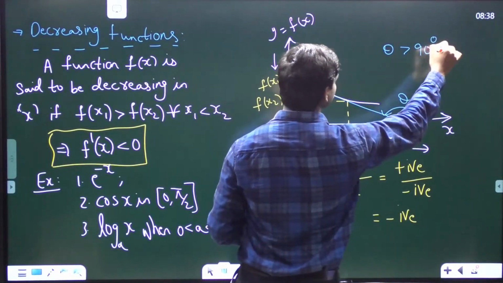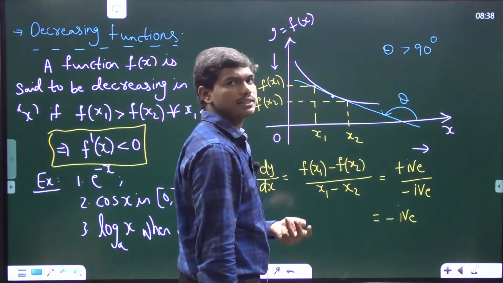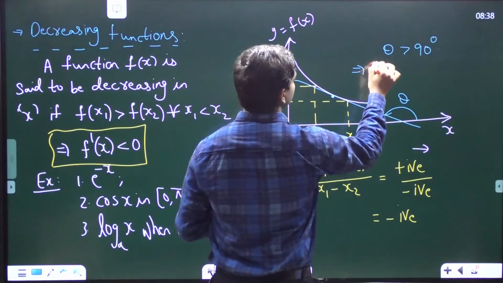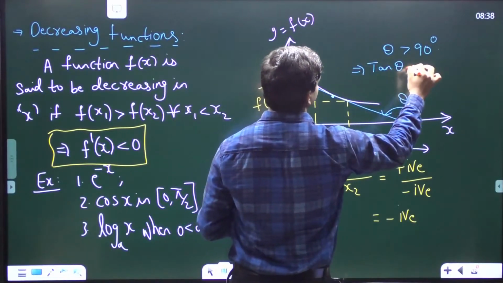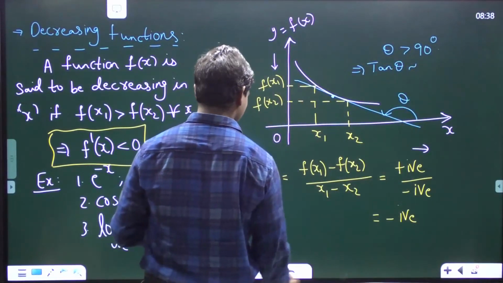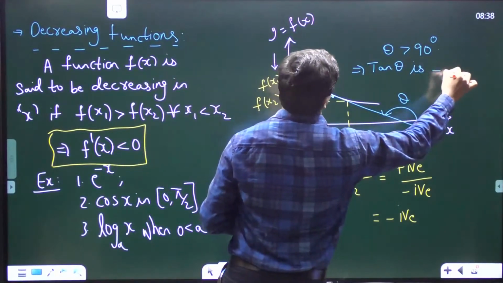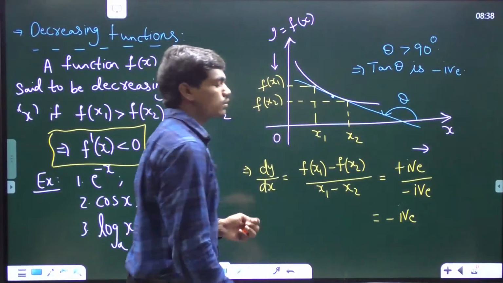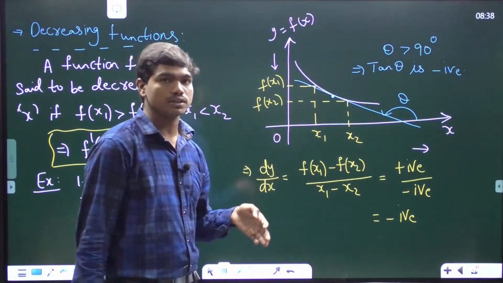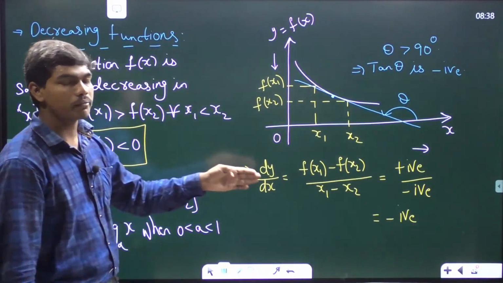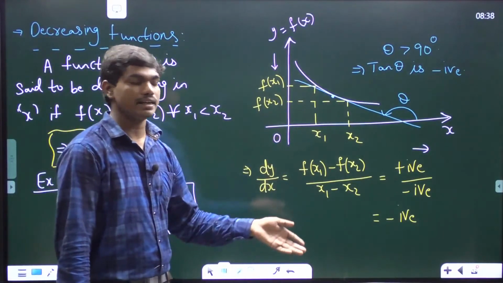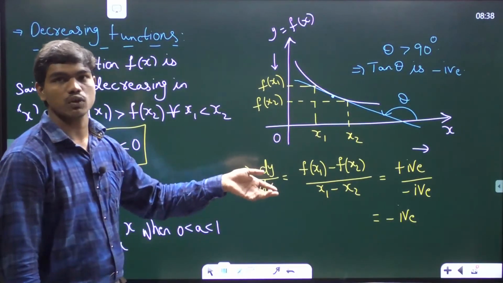Basically, it's falling somewhere in the second quadrant, and in second quadrant, tan is negative. So this implies tan theta is negative. Okay. So this is how you will see for decreasing functions, means for all these cases, the tangent will be making an angle which is more than 90, and in general it shows the decreasingness of these functions.